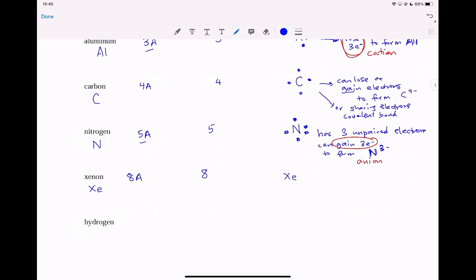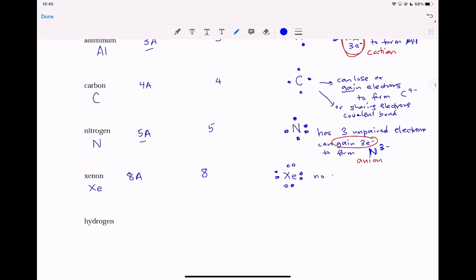So you would write the element symbol and then drop off 1, 2, 3, 4, 5, 6, 7, and 8 electrons. So there are no unpaired electrons. And so this is why this is not reactive. And this is why all of the elements in family 8A, these are called the noble gases, all of them are not reactive because they don't have any unpaired electrons.